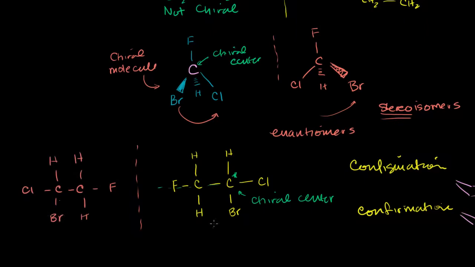No matter what you try to do, if you flip this around, you will never be able to superimpose this on top of this. So these are enantiomers. These are both stereoisomers relative to each other. And either of these, regardless of which one you pick, are chiral molecules. I'm over the time that I normally want to go in the video, so in the next video, I'll do even more examples of this.